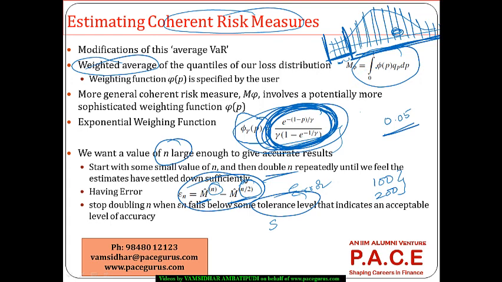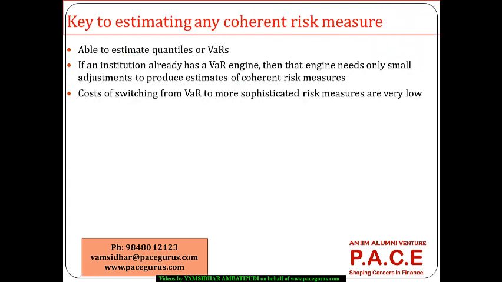That's what is happening in case of expected shortfall, but this is much more generic. I can very well define the weighting function corresponding to each of these quantiles. So that's the way of computing or estimating the coherent risk measure.